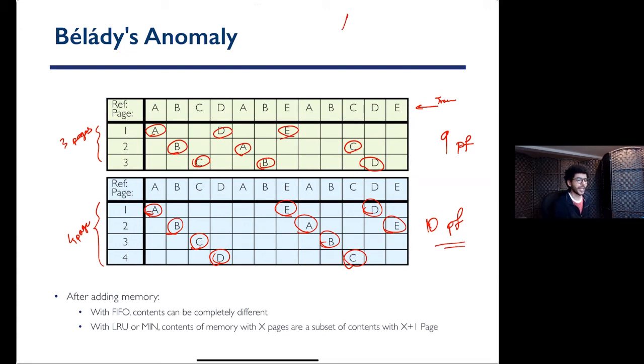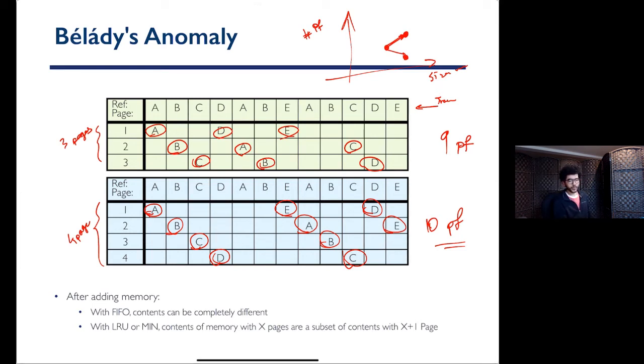Looking at this graph, size of memory and number of page faults, it increased. This is something that I didn't expect, and that's why it's an anomaly. You want to increase your size and get fewer page faults, but I increased my size and got more page faults.